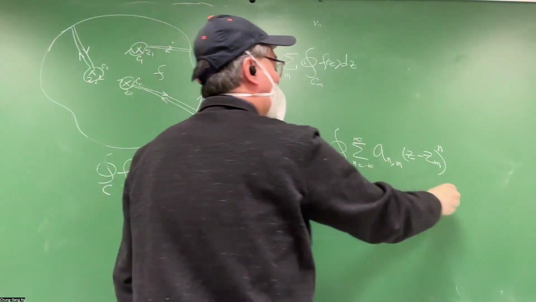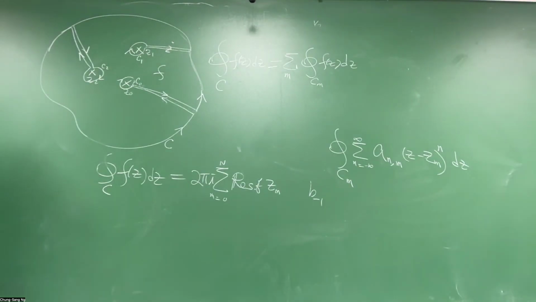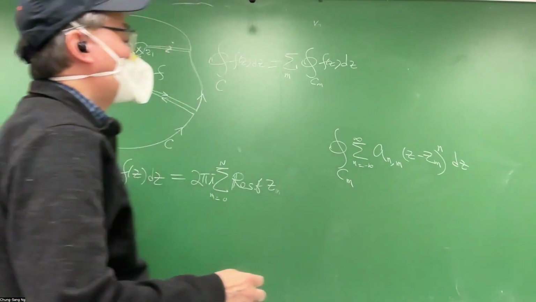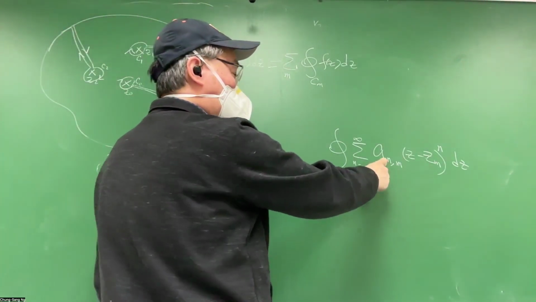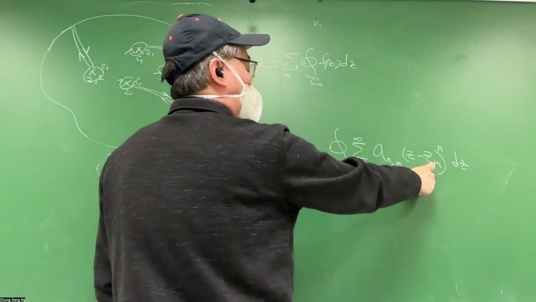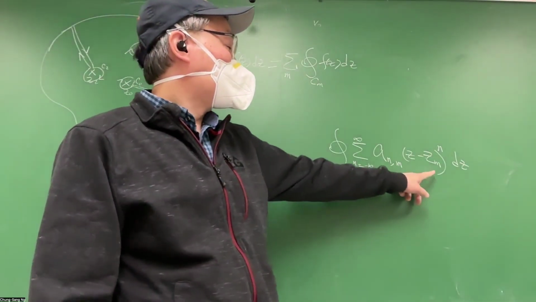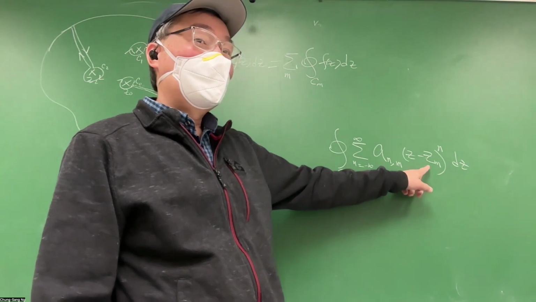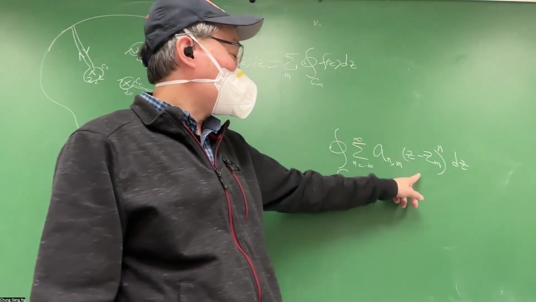This is f of z dz. And obviously you know how to do that because these a sub n are just constants, so all you have is this power function. We did that before. There are many terms, n from minus infinity to infinity.